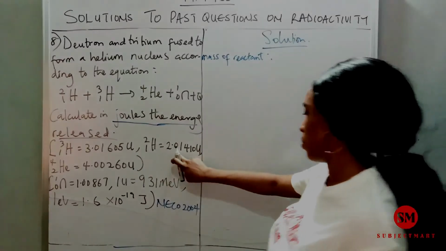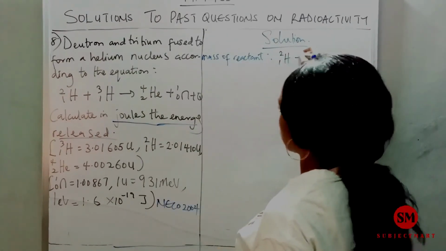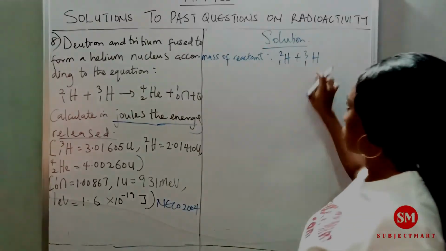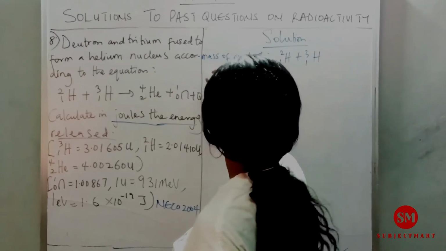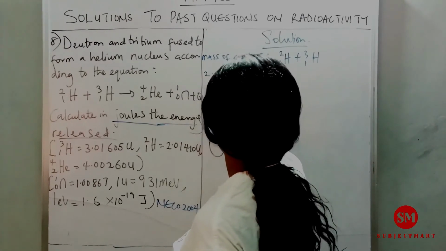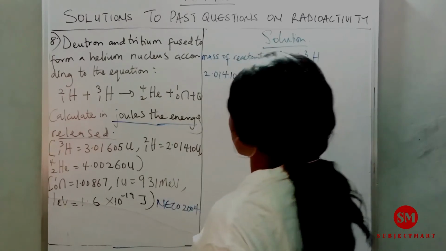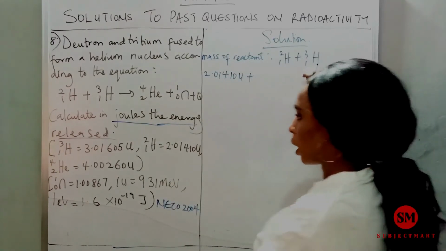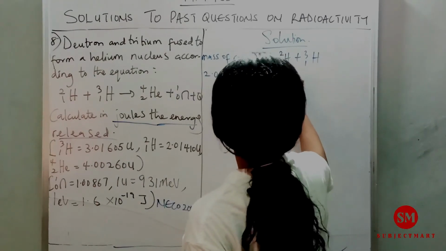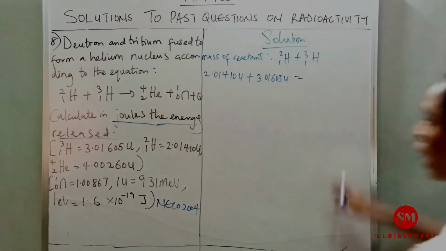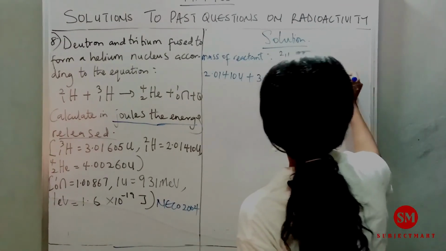We have 2 over 1 H and 3 over 1 H. Their masses are equal to 2.014 plus 3.016. Now, addition of this will give me 5.03015.